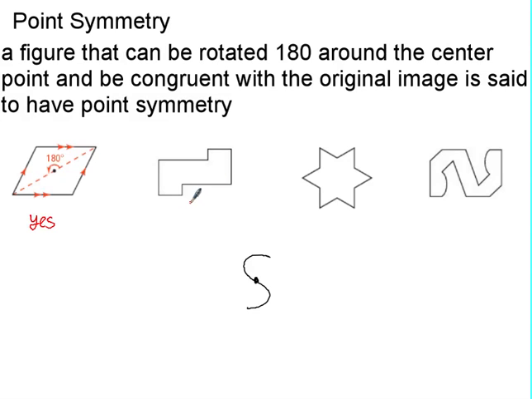Does it look like it would be the same if you turn it around? Yes. So that has point symmetry. Go ahead and try the next one. It should also be yes. And the last one is as well. These are all examples of point symmetry. Okay. So if you can turn something around 180 degrees and it still looks exactly the same, then it has point symmetry.